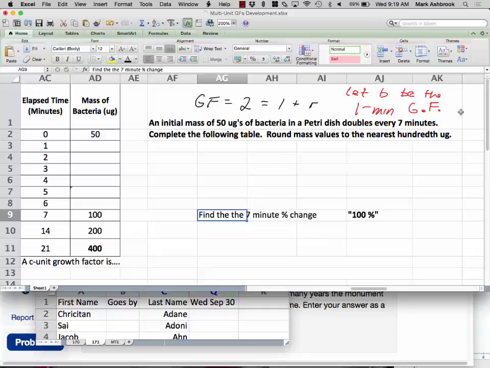How would you express the mass after 1 minute if you start with 50 and your growth factor is B? Elijah, what do you think? Not too sure. Chris, we're starting with 50 and our growth factor is B. How much will we have a minute later?